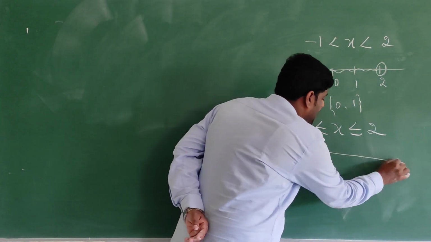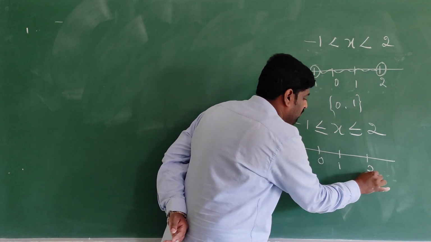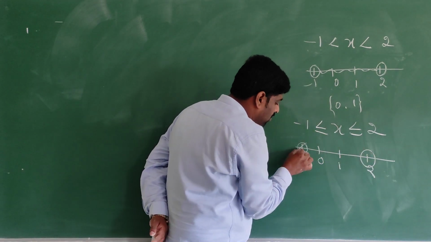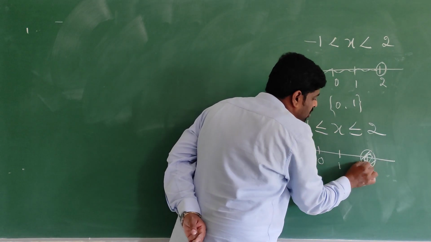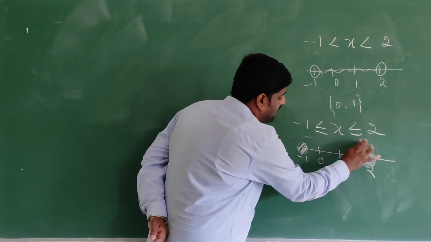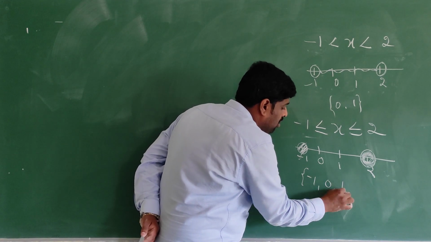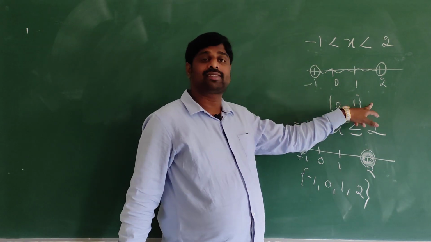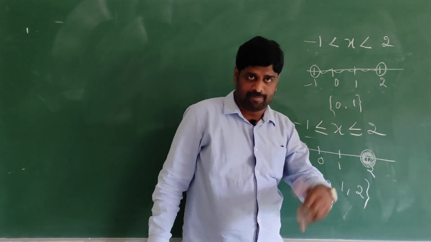On the number line, this is -1, 0, 1, 2. The end points are -1 and 2, and we include them. The solution of this set includes -1, 0, 1, 2. So this is including, this is excluding, this is an open interval, this is a closed interval.